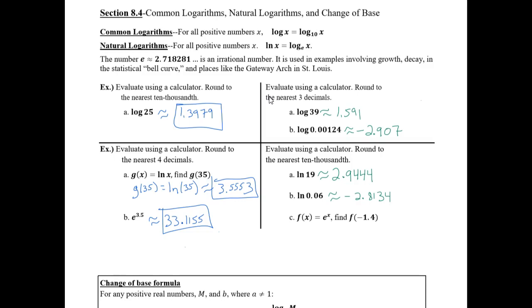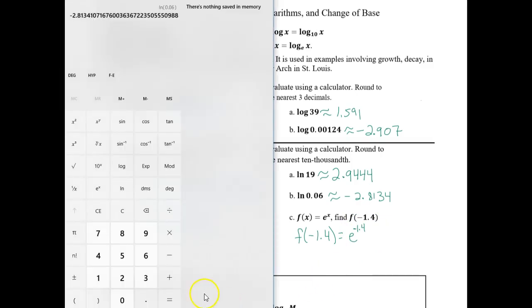This last one is another function. It says the function f of x equals e to the x power, and we want to find f of negative 1.4. So evaluating that function at negative 1.4 means wherever we see an x, we replace it with negative 1.4. So the exponent here becomes negative 1.4. So now I'm doing 1.4.